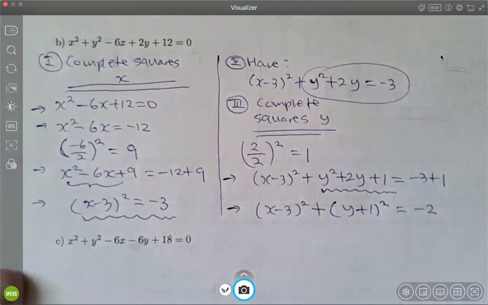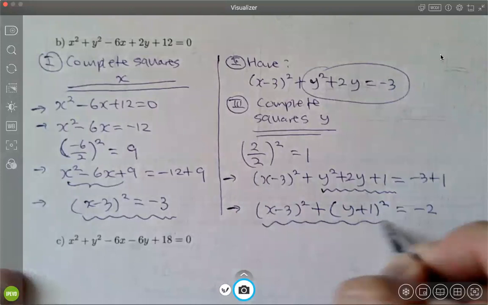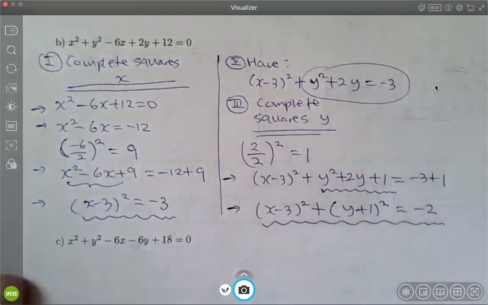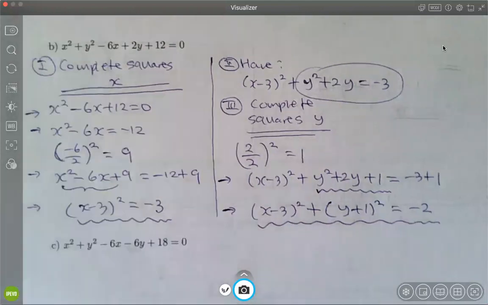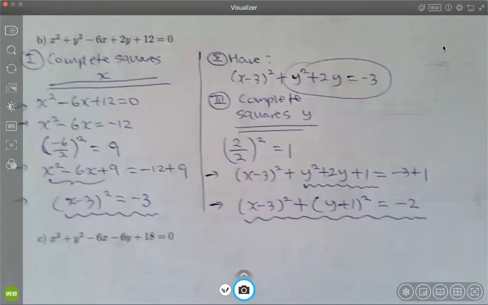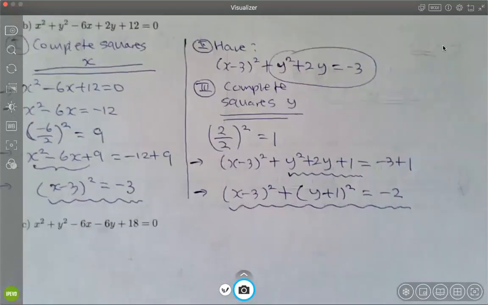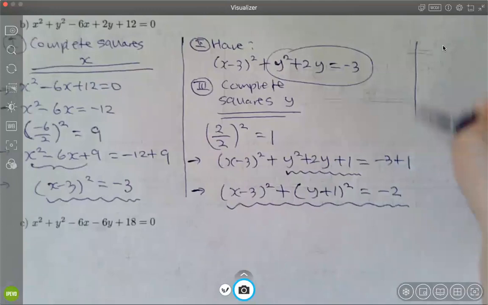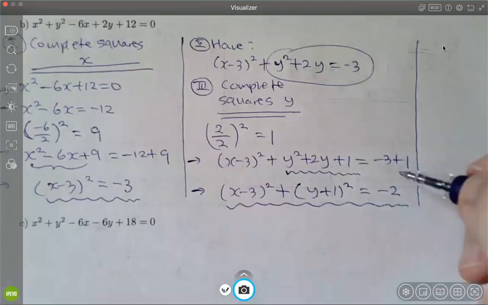Okay, so we have completed squares for x and y. And now, what is the value of c in this case? Negative. Negative 2, right? Yes.